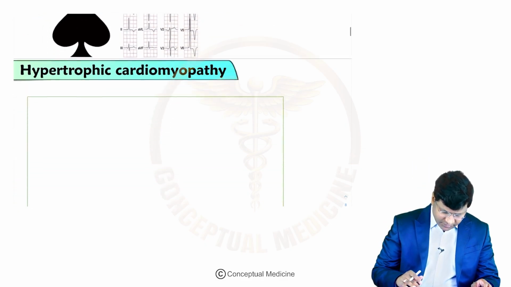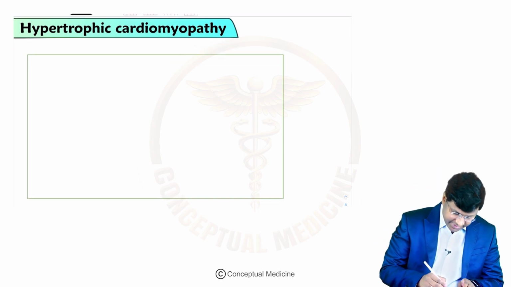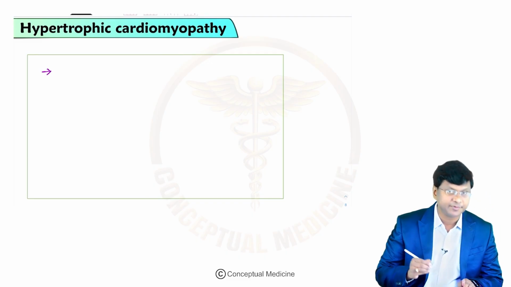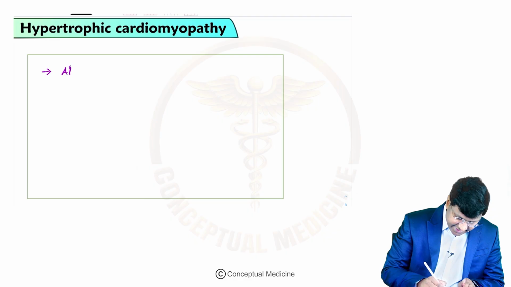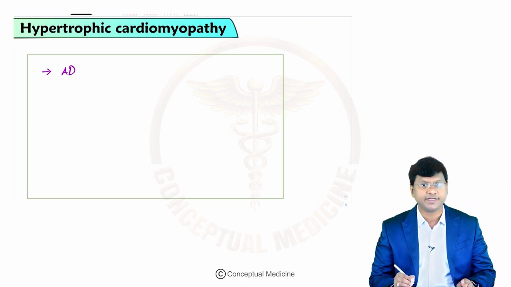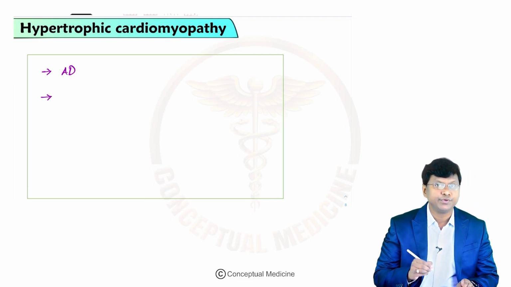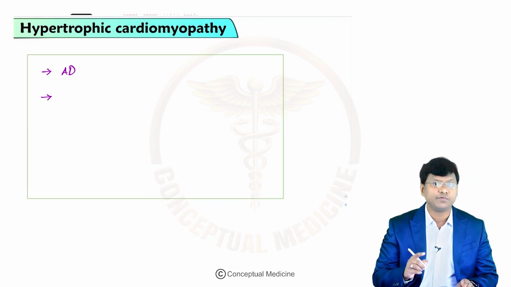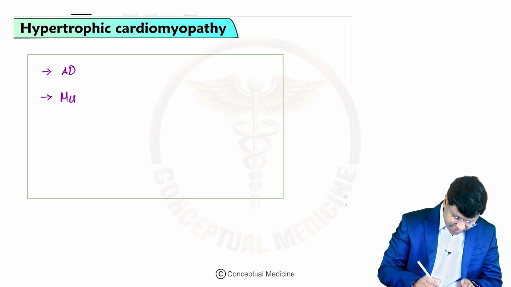Now, let me tell you some features of hypertrophic cardiomyopathy. It is an inherited disorder, inherited as an autosomal dominant type of inheritance. It is due to mutation of one of a large number of genes.